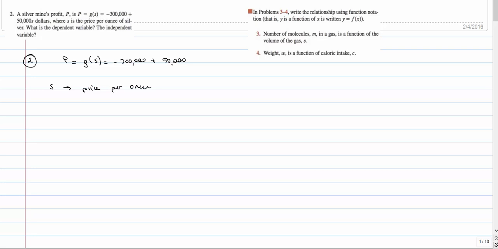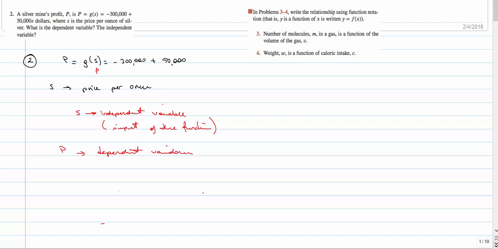Your value within the parentheses, S, is your independent variable. That's also your input of the function. And P is your output of the function, so that is your dependent variable.